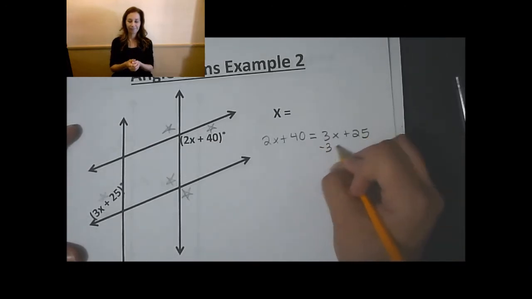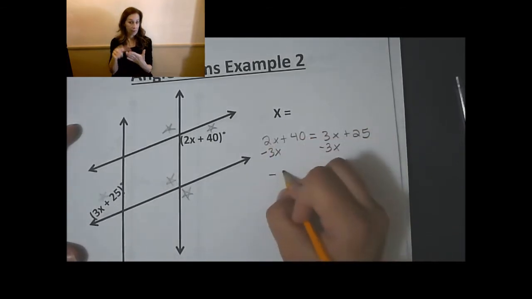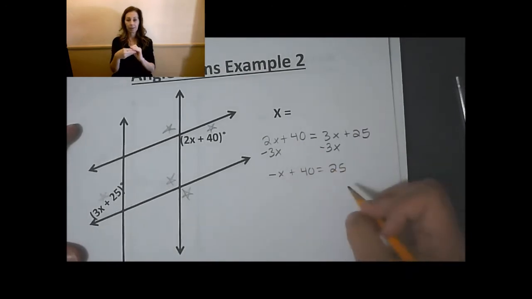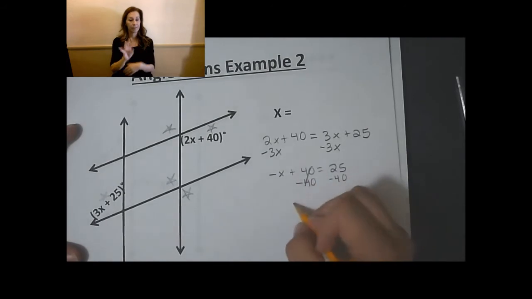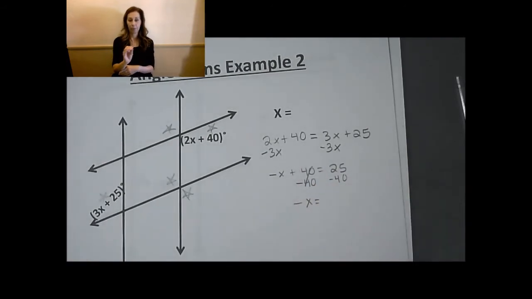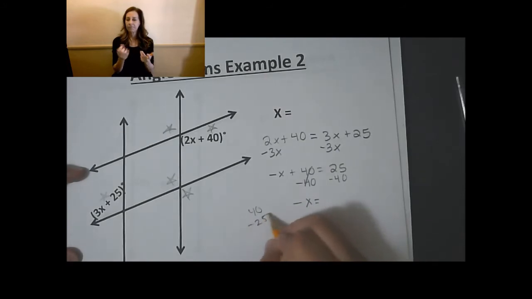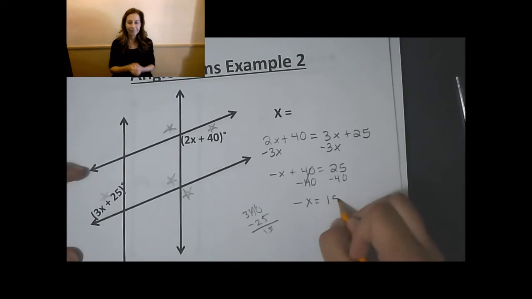Okay, so I like to move my variables to the left. I get negative x plus 40 equals 25, minus 40, negative x equals, so I can show my work on the side, negative 15.